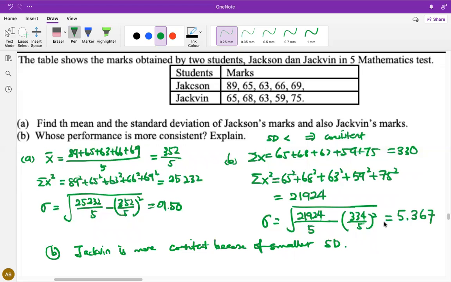Okay, so never mind, let me check again whether my calculation is correct or not. Okay, correct. So meaning that Jackson is not consistent because the standard deviation is very big. Okay.